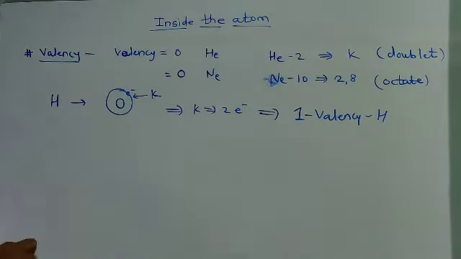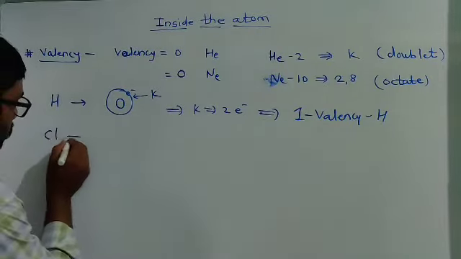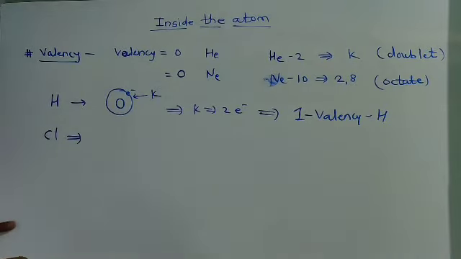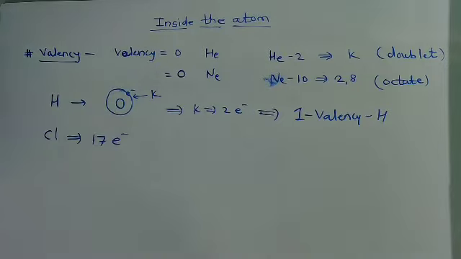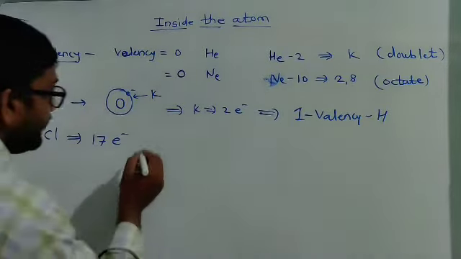Now look, we see another example, chlorine. We know chlorine has 17 electrons. How are they arranged?